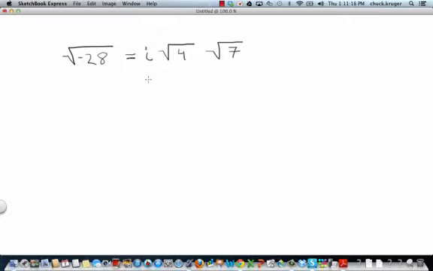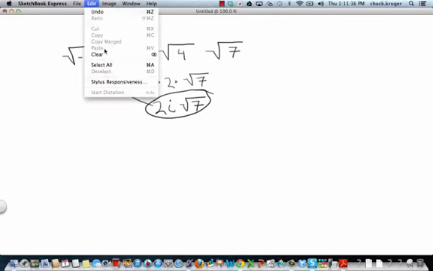So I can rewrite this as i times 2 times the square root of 7. How do I write that? As 2i times the square root of 7, and that is the square root of negative 28 simplified. Right? Next one.